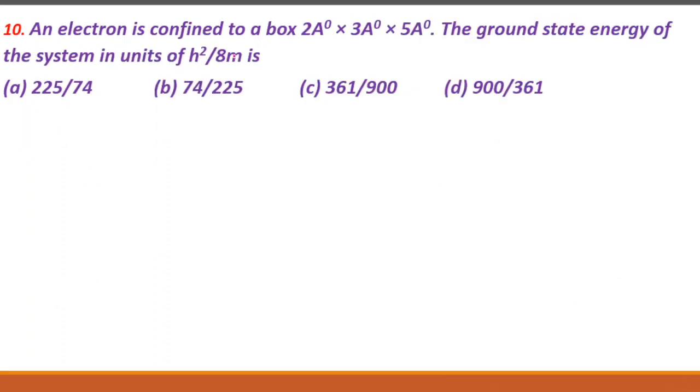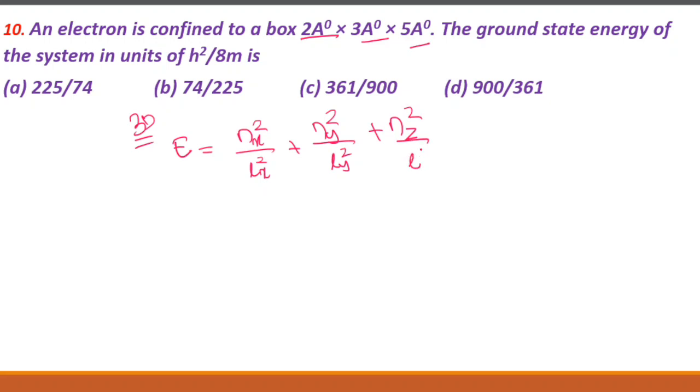Next, an electron is confined to a box of length 2a times 3a times 5a. The ground state energy of the system in units of h square by 8m is? Okay, so first let us write down the expression of energy in a 3D box, and we know this is equal to (nx square by lx square plus ny square by ly square plus nz square by lz square) times pi square h cut square by 2m.